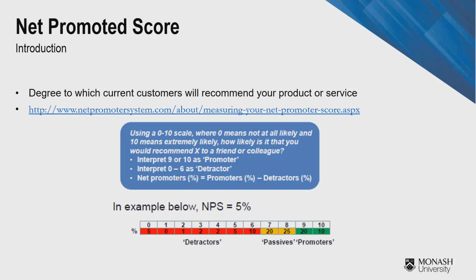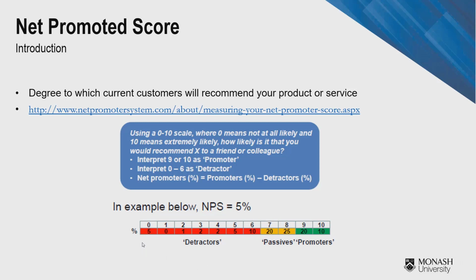And we also have the passive, which is 7 to 8. These are your customers who are neither promoters nor detractors, so they're just in between. If you look at this scale, we are quite conservative with our detractors and promoters. Why?